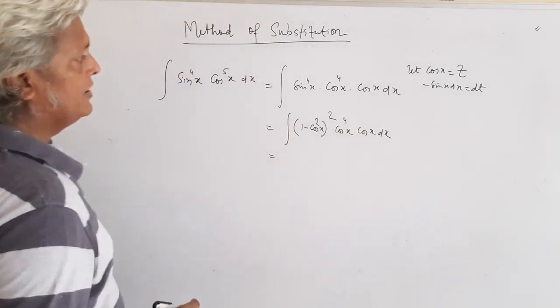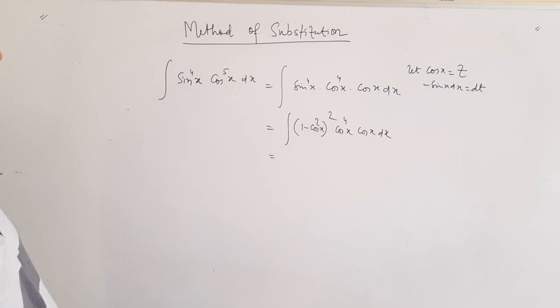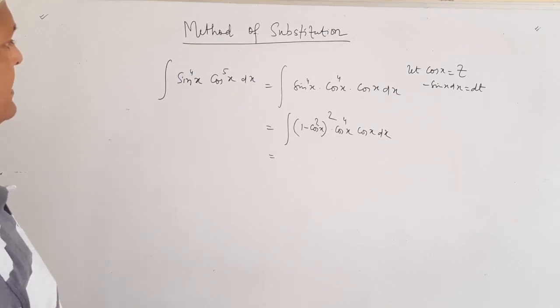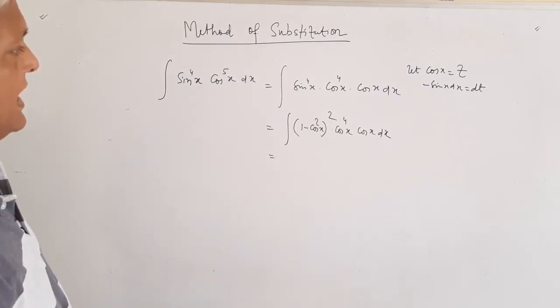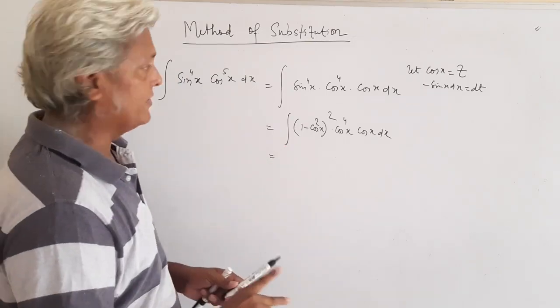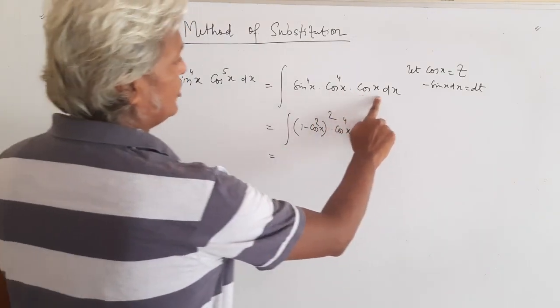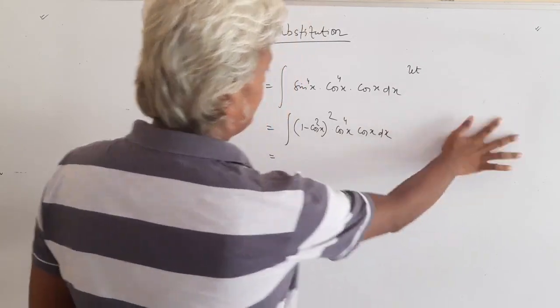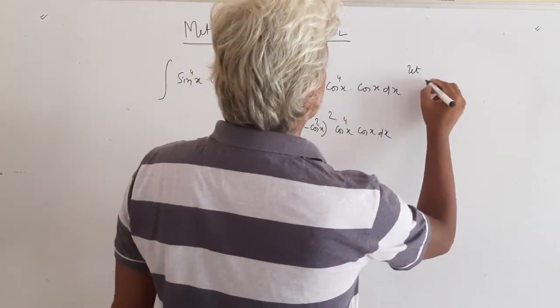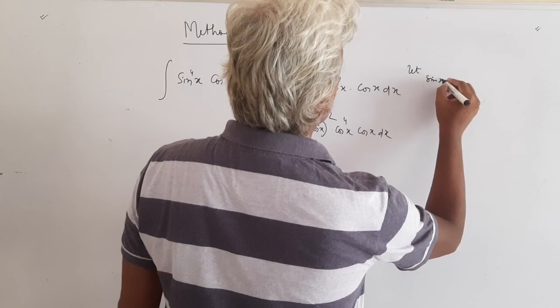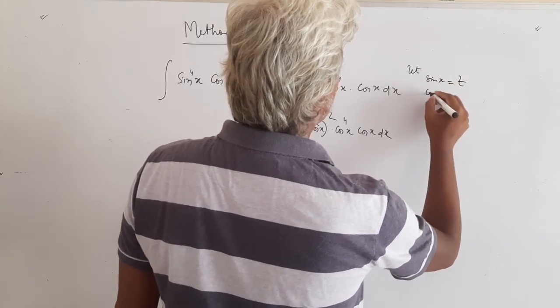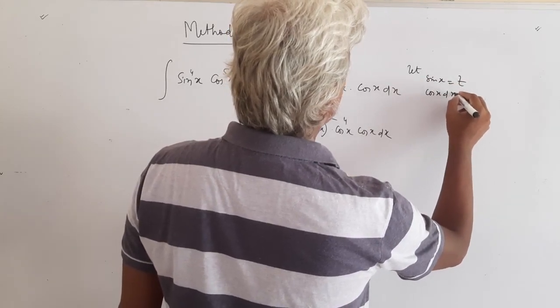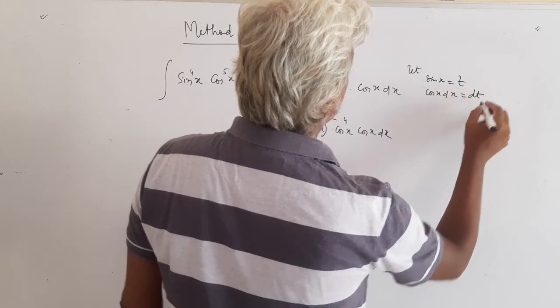So here I think I have made a mistake. I have cos x dx, so I should have taken sin x as t, my bad. So let sin x be t, then you get cos x dx as dt.